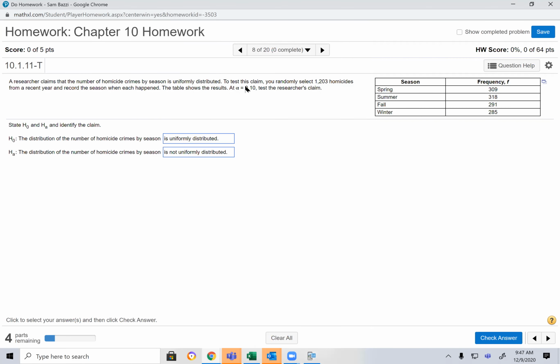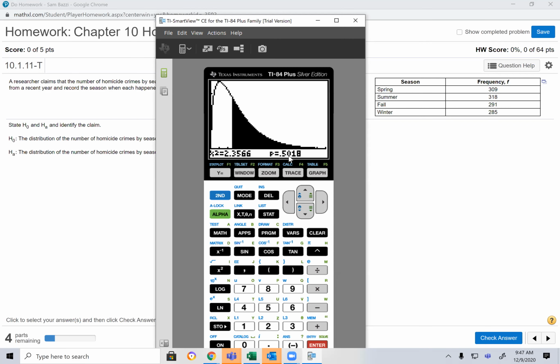Okay, what's the question here? A researcher claimed that the number of homicide crimes per season is uniformly distributed. So the claim is in H0. So you got the test statistic, you got the p-value, which is 0.5018. When you click next, guys, it's going to prompt you to enter the value of the test statistic, and then next you enter the value of p.